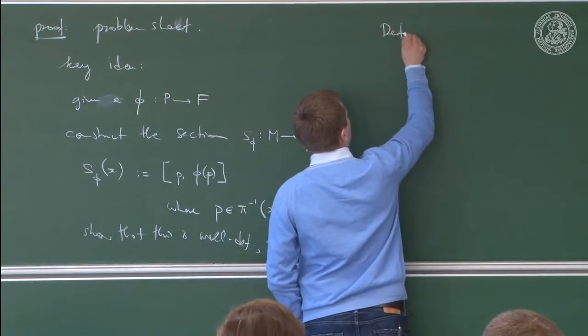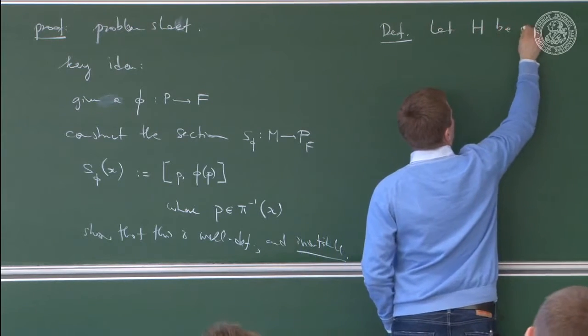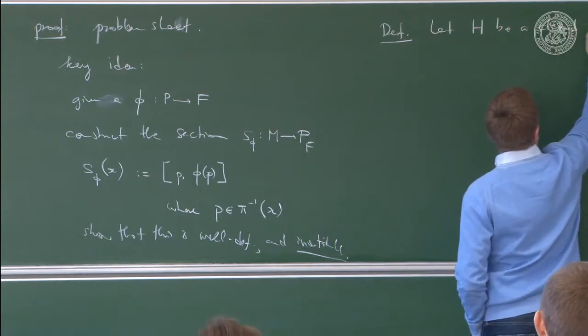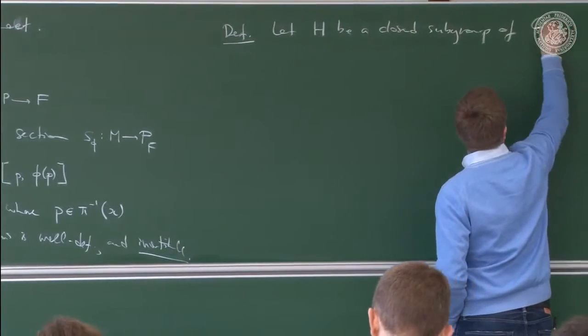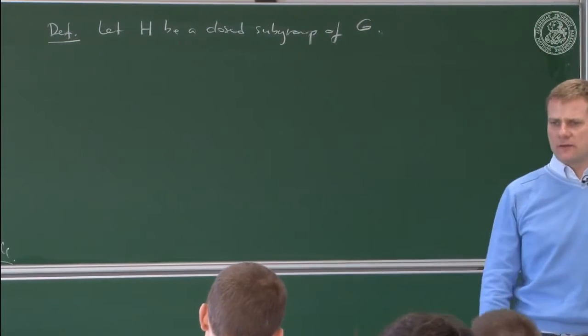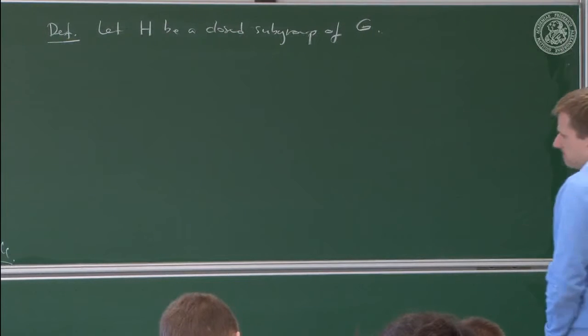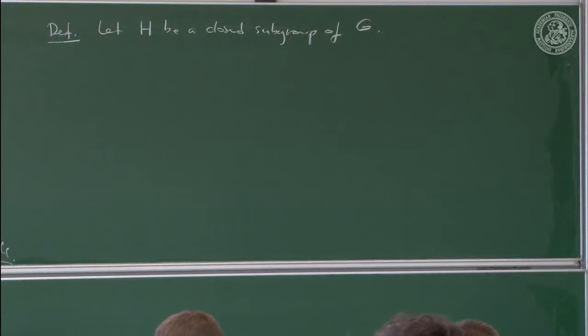So definition. Let H be a closed subgroup of the Lie group G. So now we're going to deal with associated bundles with respect to different underlying principal bundles. Well, first of all, we'll talk about different principal bundles.